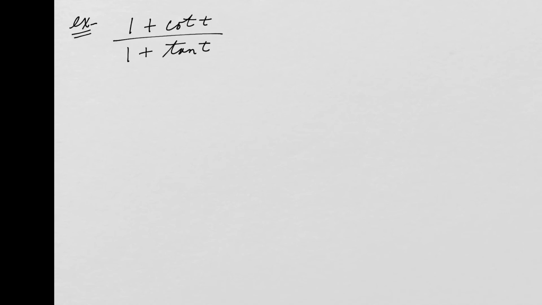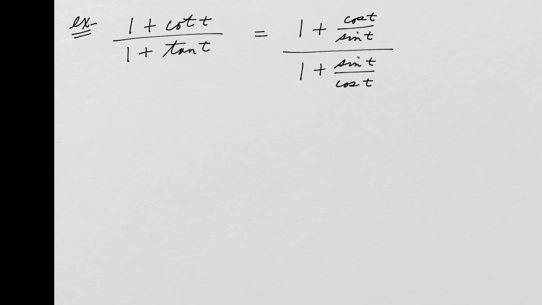So let me convert everything to sines and cosines. Remember, cotangent is 1 over tangent, and since tangent is sine over cosine, cotangent is cosine over sine. So this is 1 plus cosine of t over sine of t, over 1 plus sine of t over cosine of t.